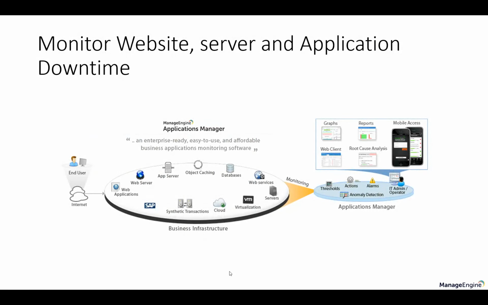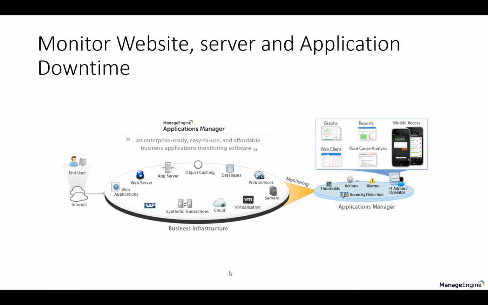Apart from monitoring your data center infrastructure or network infrastructure, you will be able to monitor your applications and databases through Applications Manager. Your applications could be Java-based applications like Tomcat, WebLogic, WebSphere, SAP Server, SAP CCMS, and databases like MySQL, MS SQL, Oracle, DB2, MongoDB, Cassandra.